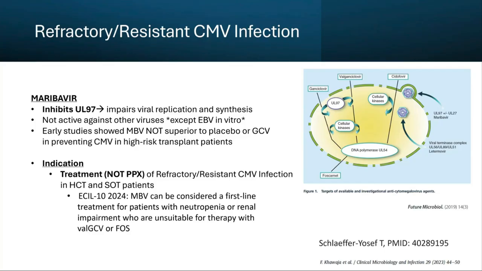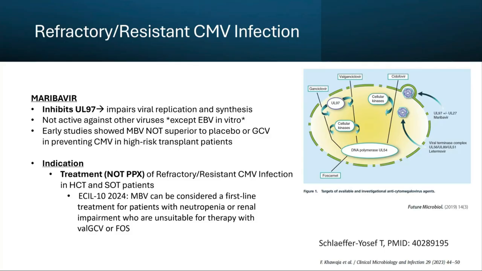It is not an approved drug for prophylaxis. We generally use it in patients that for some reason cannot tolerate foscarnet or have contraindications to ganciclovir. Again, based on the safety profile of those other two drugs that I mentioned.